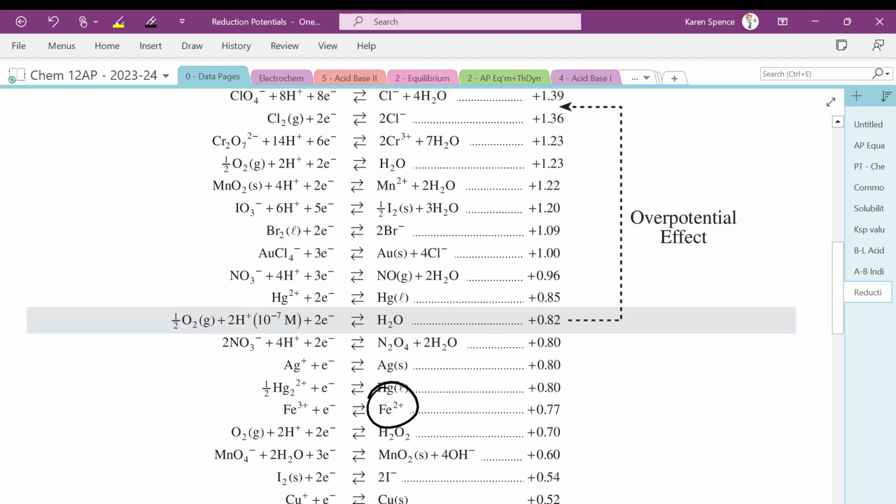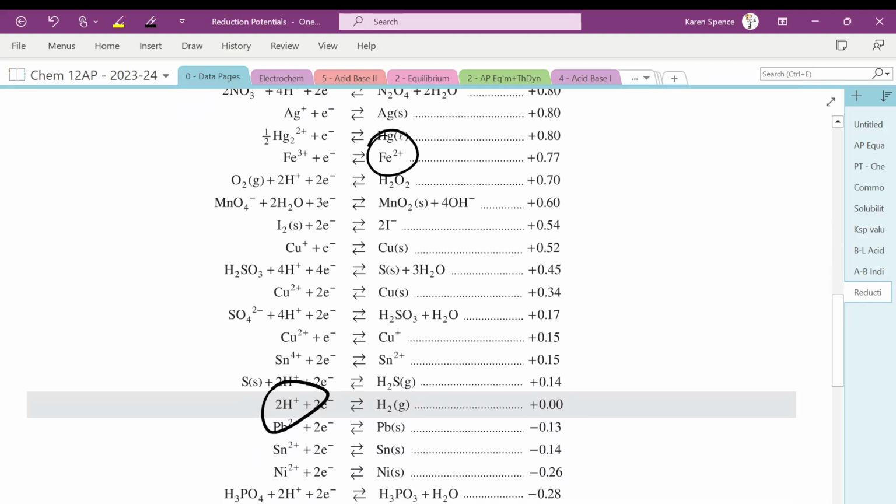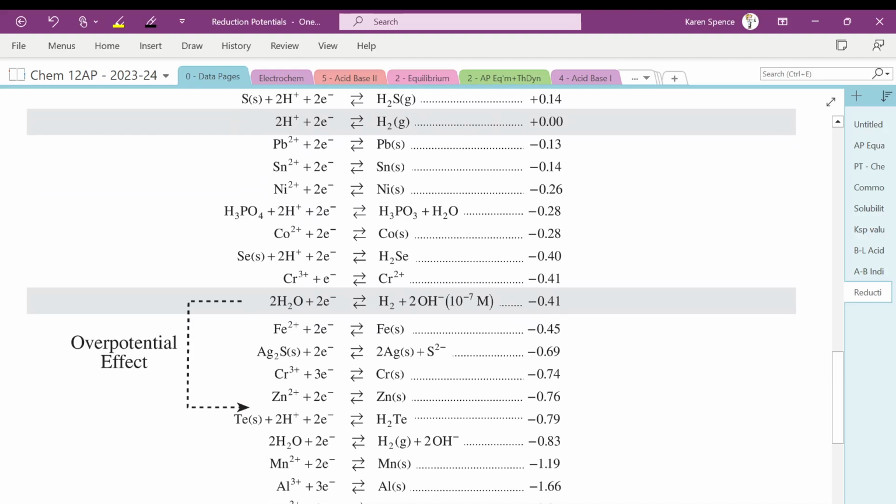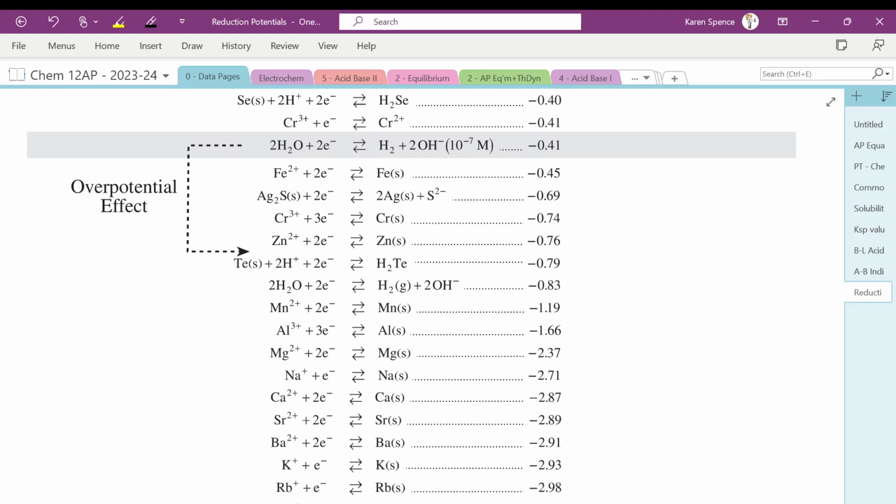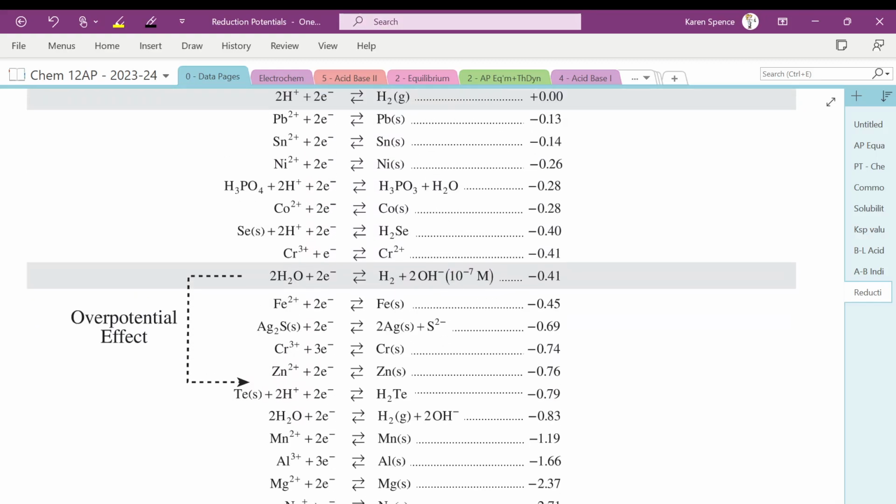What is kind of special about Fe2 plus? Not Fe3 plus, but Fe2 plus. Yes? It is both an oxidizing and a reducing agent. So in theory, where is iron?